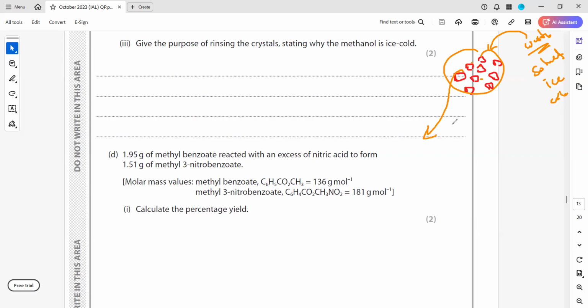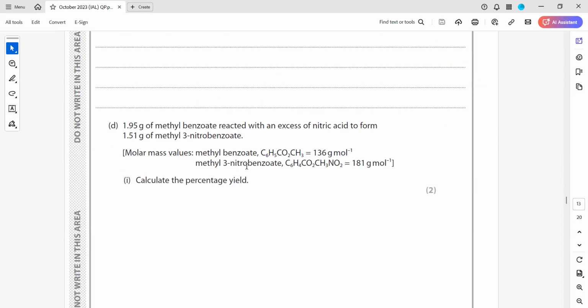So we use an ice cold solvent to wash off the soluble impurities, and the crystals will not dissolve in the solvent. Is it clear?